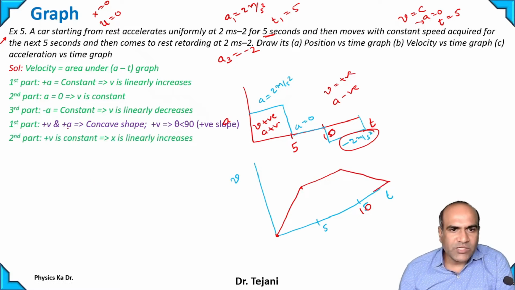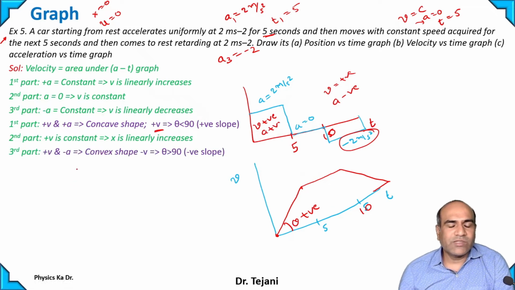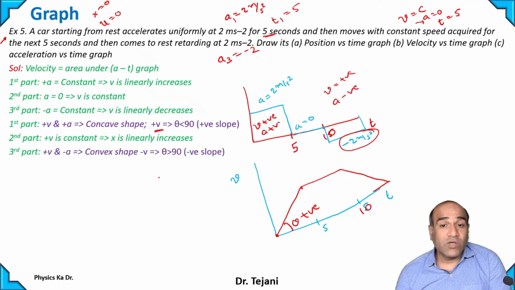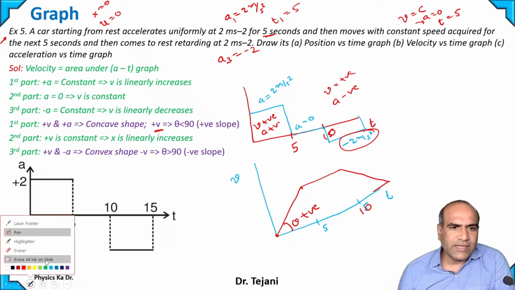For the first case, velocity is positive and acceleration is positive, so the slope should be positive, theta should be positive. In the second part, velocity is constant. Then it is a concave shape. Fine. So let's erase this and understand again.